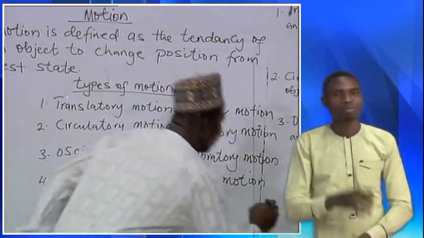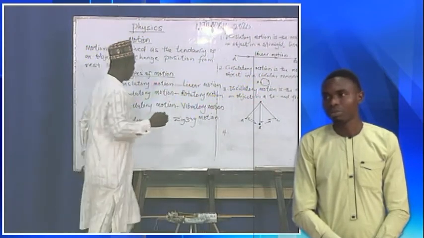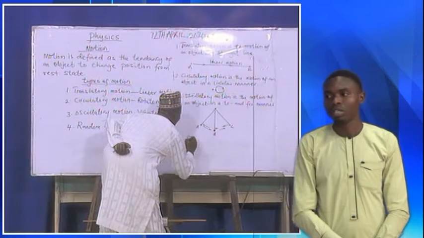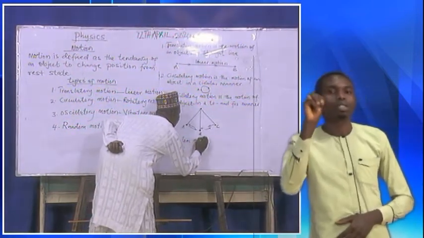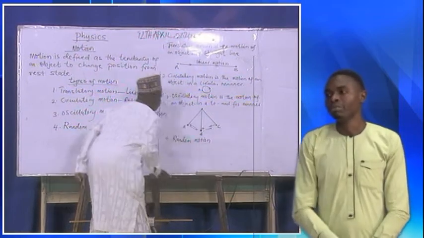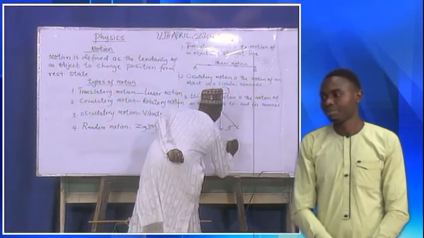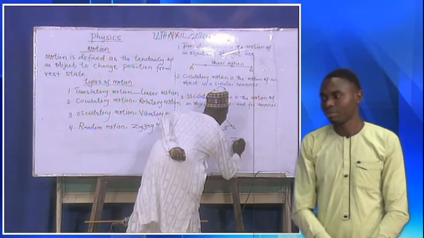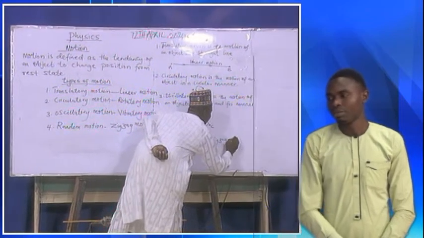Then number 4 is the random motion. The random motion is also called zigzag motion. Zigzag motion, please.